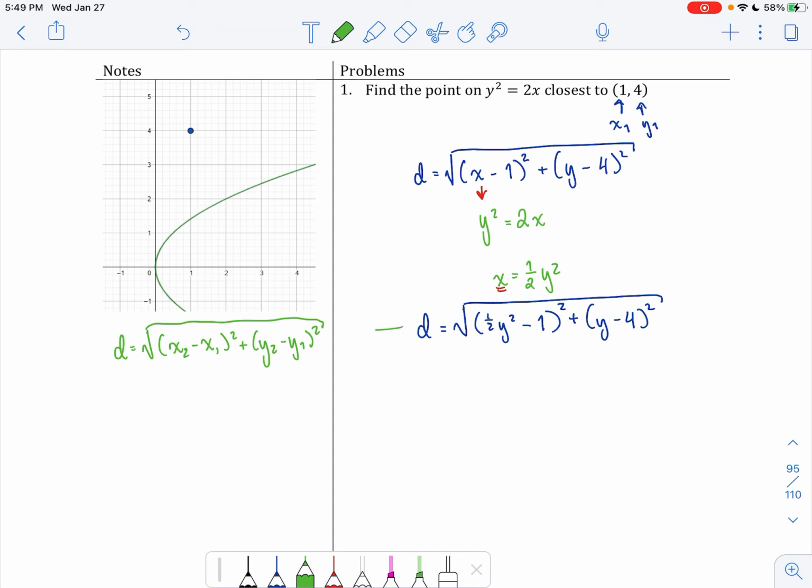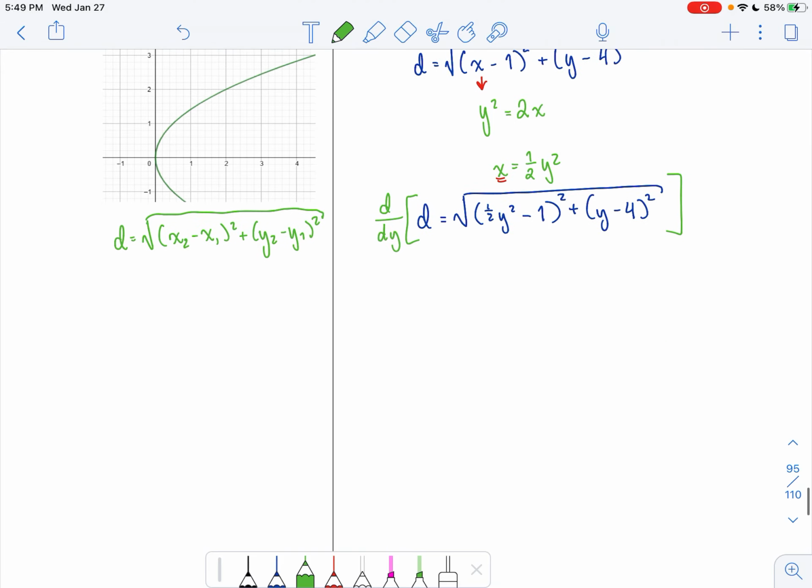Now we just have one variable, which is great, so I can take the derivative in terms of y. You could argue that maybe I want to simplify what's inside there, and it's not a terrible idea. If you want to do that, absolutely, that's what I did in the notes. I just want to show you another way to do this.